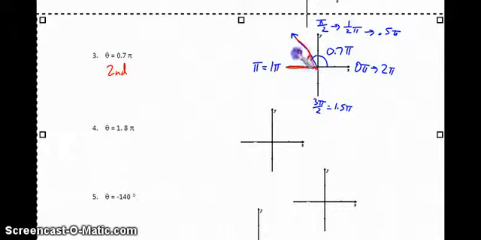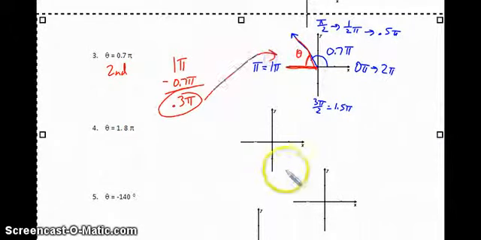This would be the reference angle that I'm trying to find. So if I went all the way over here, I'd go to 1 pi. I didn't go quite to 1 pi, so if I do 1 pi minus 0.7 pi, I'd be left with 0.3 pi. And so that would be my reference angle, 0.3 pi.